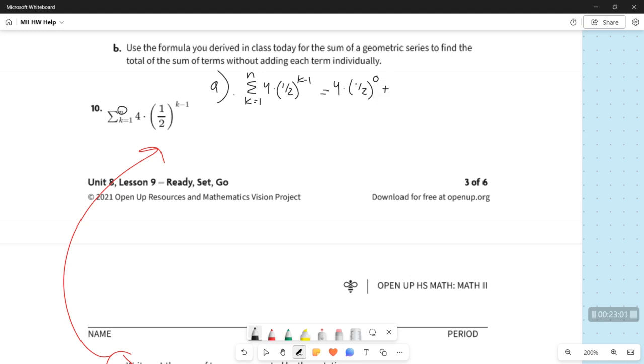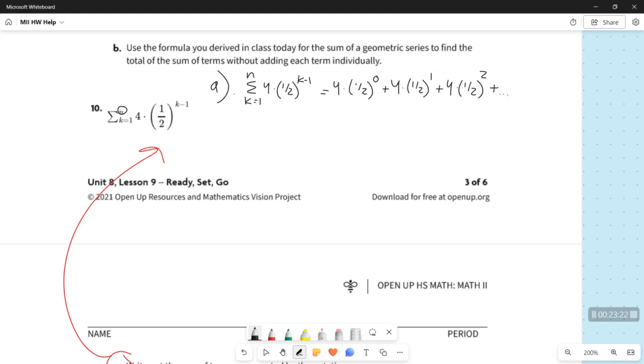Our next term after 1 would be a 2. So 4 times 1/2, 2 minus 1 is 1. After 2, our next input would be 3. So we get 4 times 1/2, we plug in a 3. 3 minus 1 is 2.